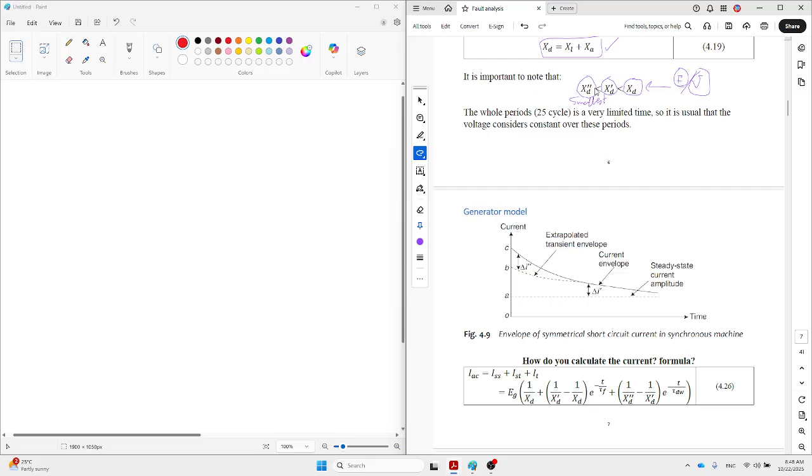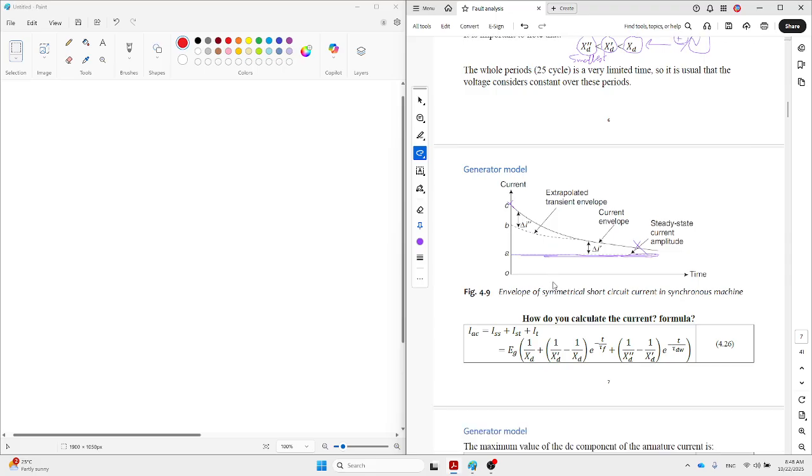You must divide this value by XD double prime, and then you can see the current during the subtransient is the highest compared with the transient one. This is the cap of the current, this is the cap of the current during the transient.